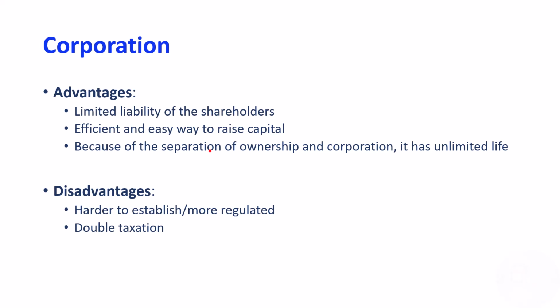That means that if you want to establish a corporation, you have to file paperwork with several regulators. Different countries have different regulators, but here in the US, for example, you have to file paperwork with the SEC, Securities and Exchange Commission. And then you have to meet some requirements from the exchange as well. So if you want to list your company on the New York Stock Exchange, you have to meet the requirements of the exchange as well.